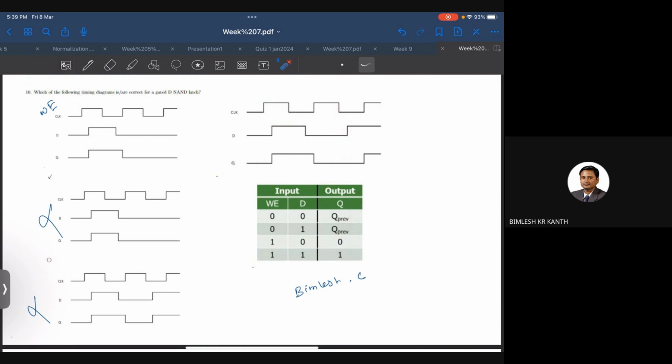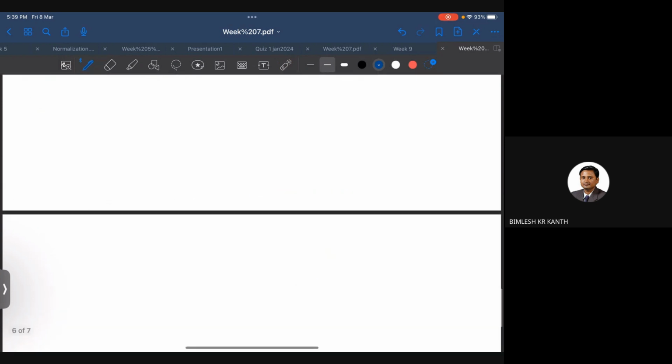I think this is correct. 0, 0 Q previous correct. Then 0, 1 is Q previous correct. 1, 1, 1 correct. Okay, up to that you understand, right? Yes, this was clear. Okay, now let's do another question.